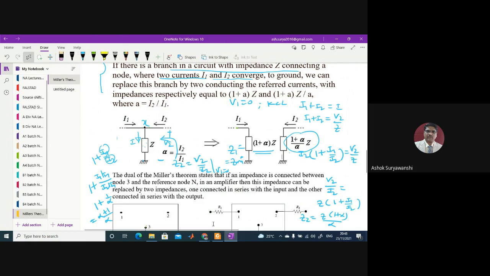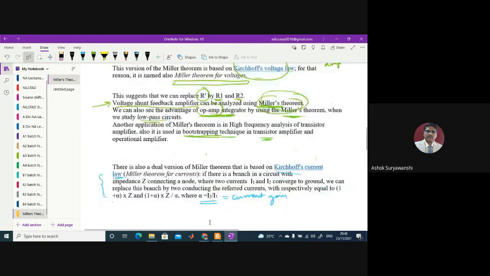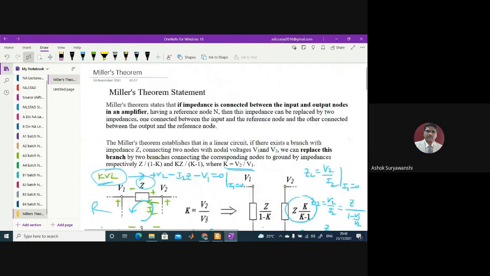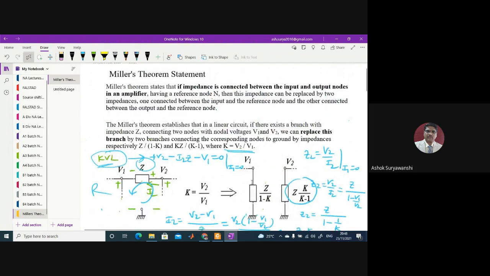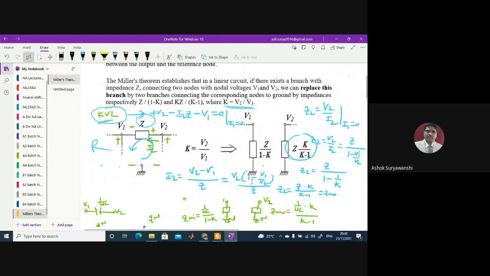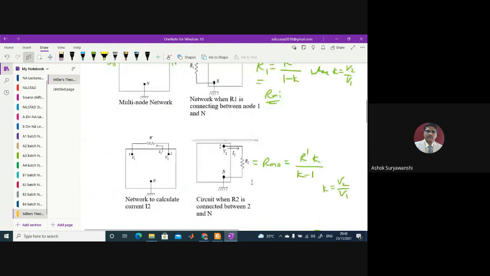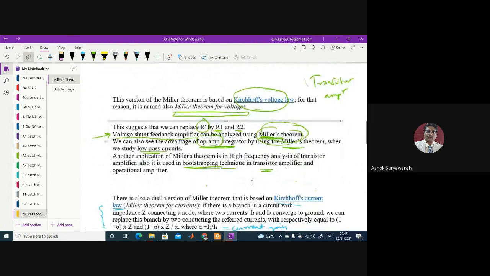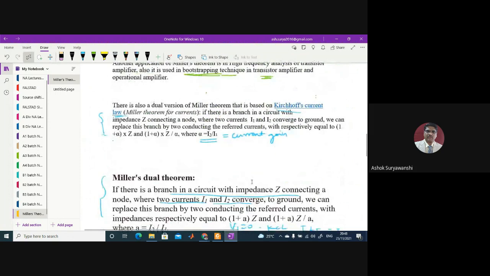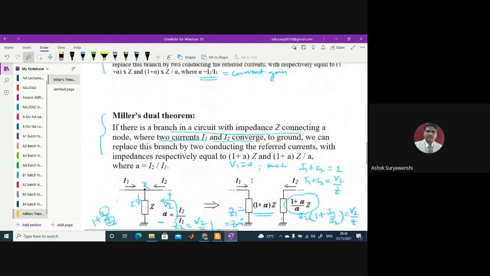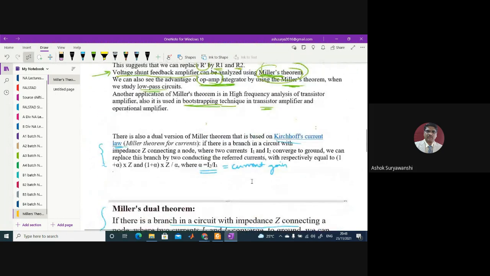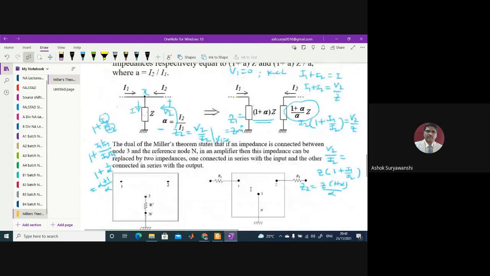So this is the explanation for Miller's theorem first, which is based on the Kirchhoff's voltage law, and how we're getting the simplified values of Z1, Z2 or ZMI and ZMO, and then Miller's dual theorem, which is based on the Kirchhoff's current law, also called Miller's theorem for currents, and how we're getting this value of Z into two values like Z1 and Z2, also called ZMI and ZMO.